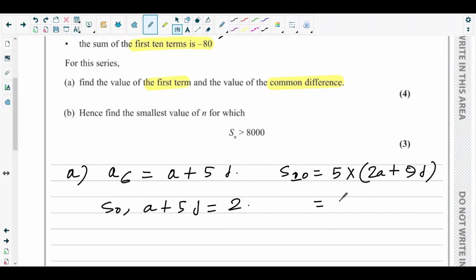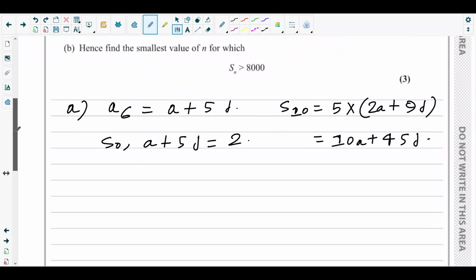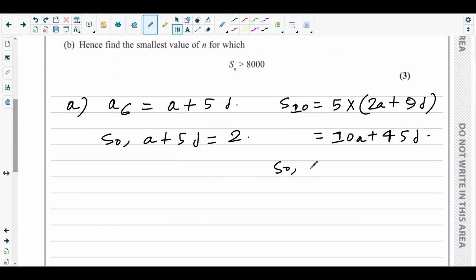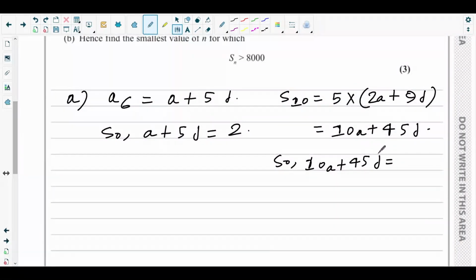So you will get 10a plus 45d, and this equals negative 80.